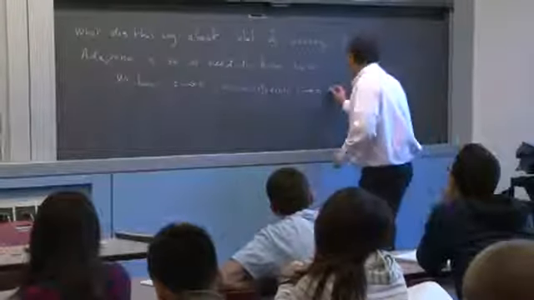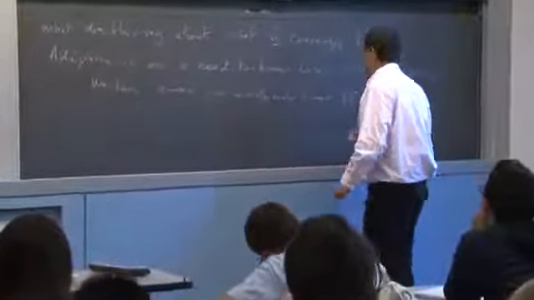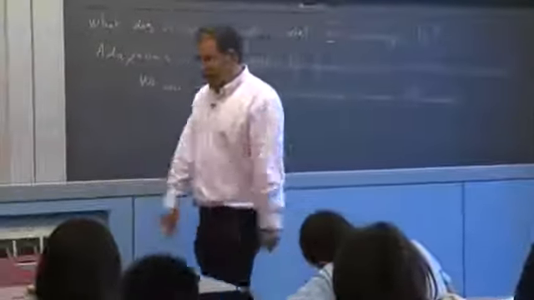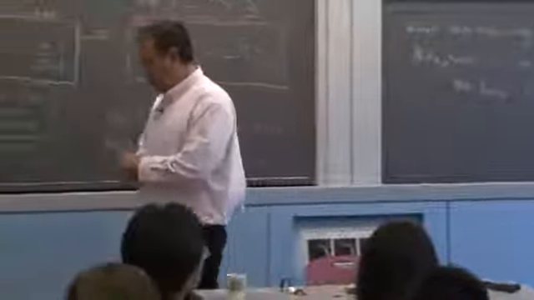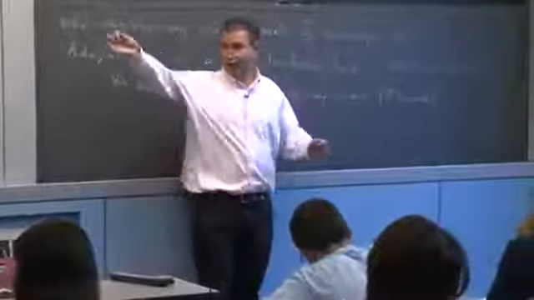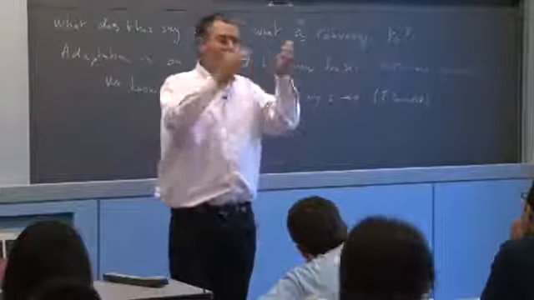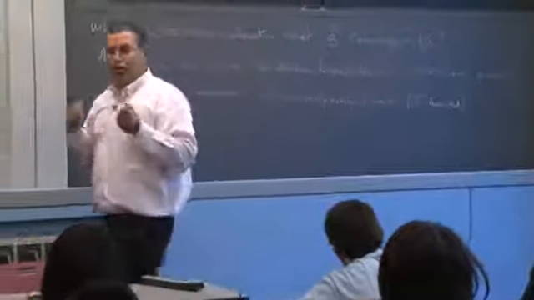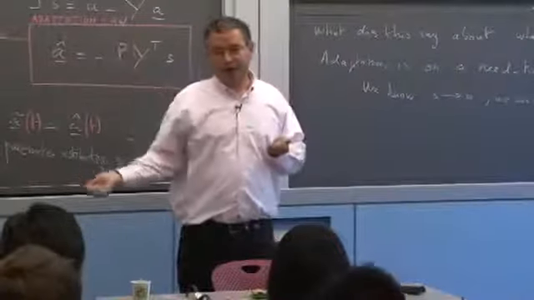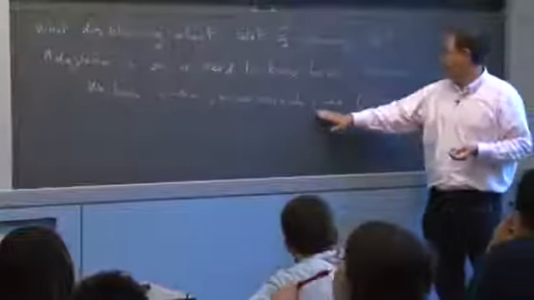So, sorry, to be more precise, S double dot is bounded. So if you compute S double dot, all the terms will be bounded. And so S dot will tend to 0 because of Barbalat's lemma. Remember, this was a specialized version of Barbalat's lemma. But Barbalat's lemma was saying in general, if you have a function which tends towards a limit and whose second derivative is bounded, then the derivative tends to 0. Okay? So we can verify that because S double dot is bounded, S dot tends to 0.